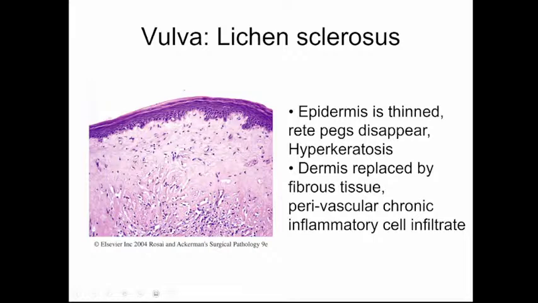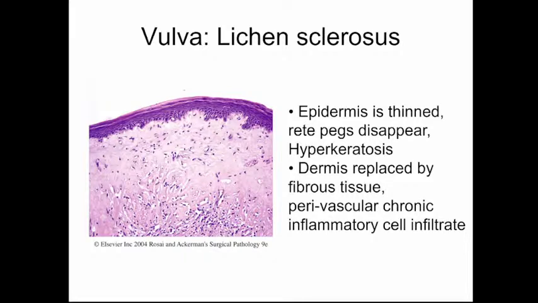Note that the rete pegs of the epidermis are attenuated, in fact in some places completely gone. There's some hyperkeratosis on the surface, a thick layer of keratin, and the dermis is replaced by fibrous connective tissue, and there's a fairly brisk inflammatory infiltrate predominantly around the small blood vessels. Okay, so that's why it's a chronic atrophic vulvitis.